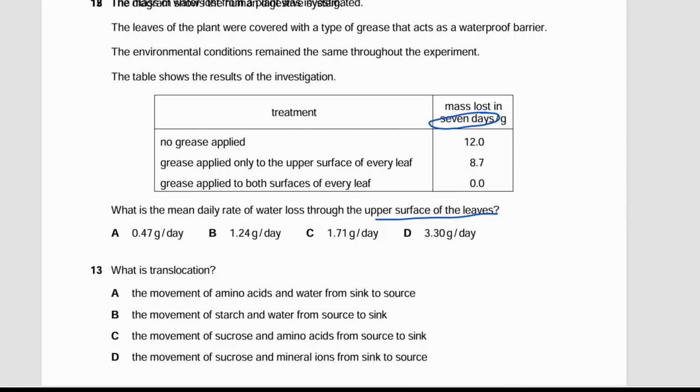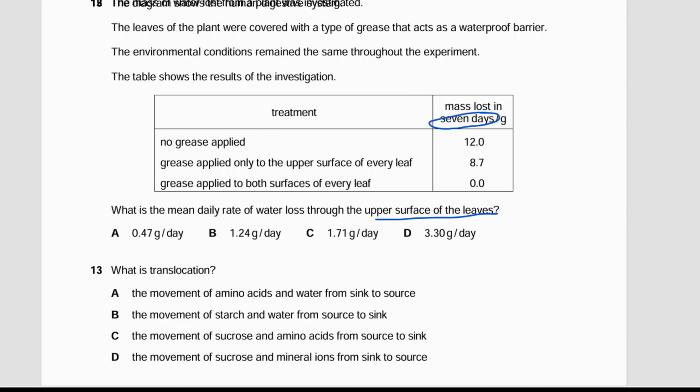No. It's not 1.71. It's not on the higher side, it's on the lower side.